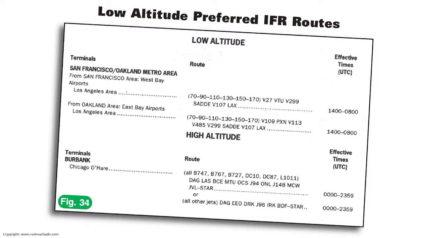But Victor 27 to VTU to Victor 299 to Sadie to Victor 107 to LAX. And that's effective from 1400 UTC to 08 UTC. You can still find these. It's much, much easier to use the recommended route from ForeFlight. You may see questions like this on the test.